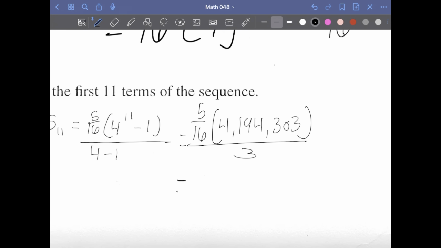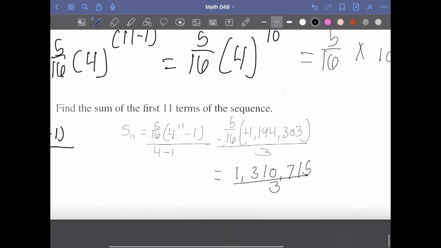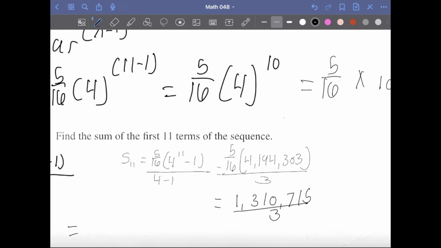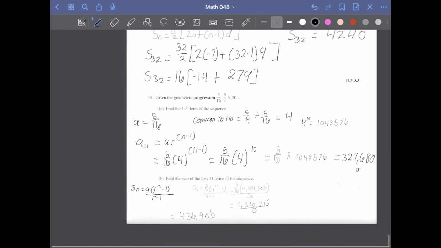So 5 over 16 times that would give us 1,310,715 divided by 3, and our final answer would be 100,036,905, and that is our answer, and this is the paper.